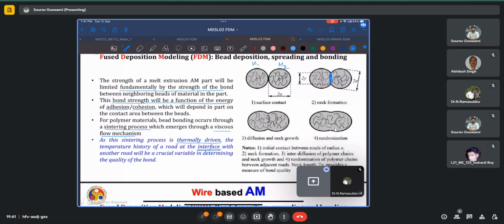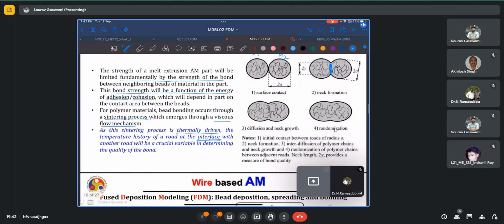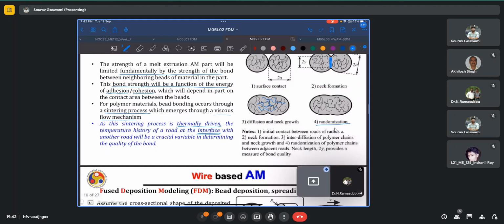Often, this neck will have a radius y, or a total length of 2y, which in the normal case would be less than the major axis of the original bead. If y equals a, that is the most ideal case, and we will always obtain a planar surface. But practically, it is never the case. Finally, diffusion and neck growth will occur. These polymeric chains that we see here, these random chains, might even grow across this necking interface and get randomly distributed.